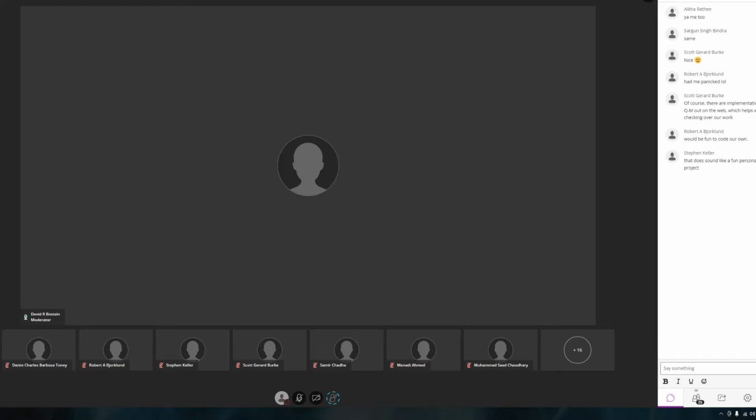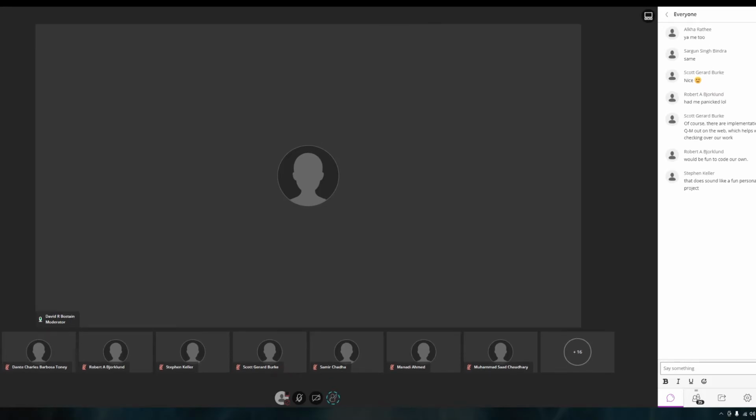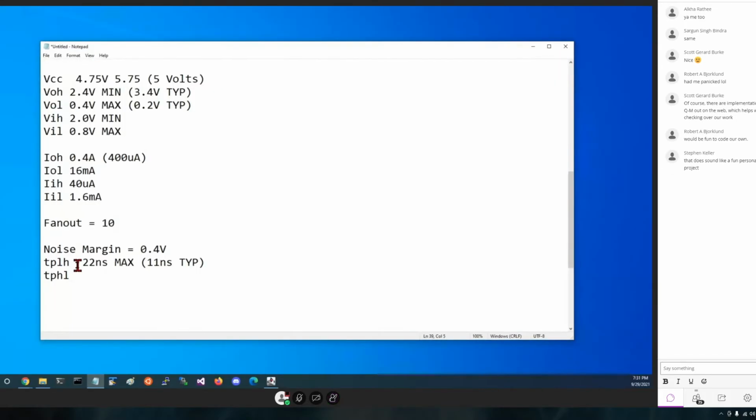That's the max. Typically, it's 11 nanoseconds. To go the other way, it's 15 nanoseconds as a max, and 7 nanoseconds is typical.